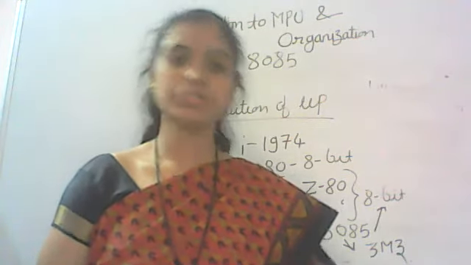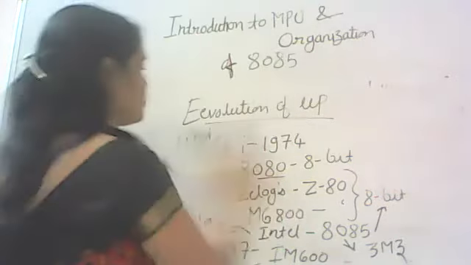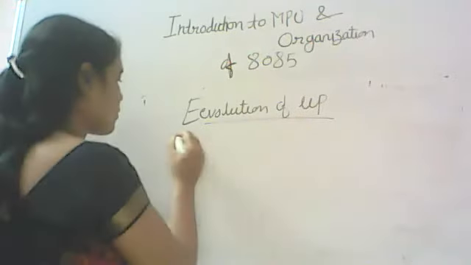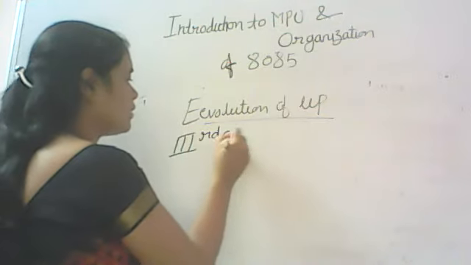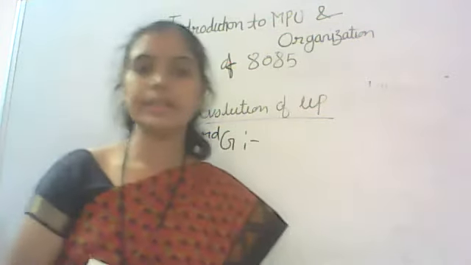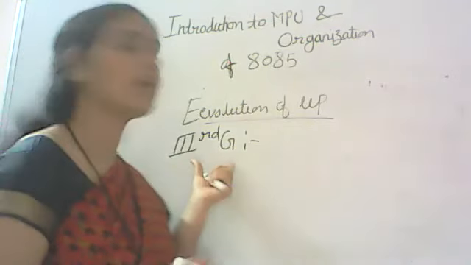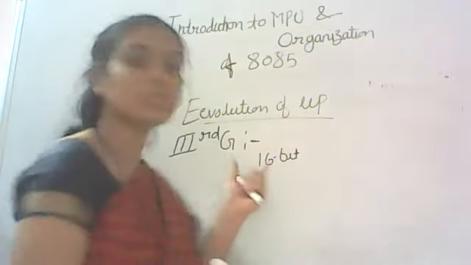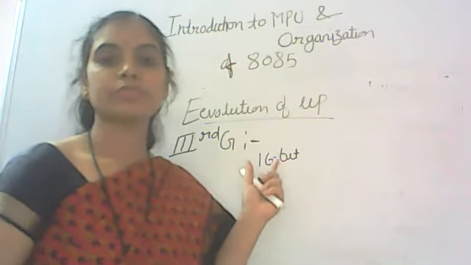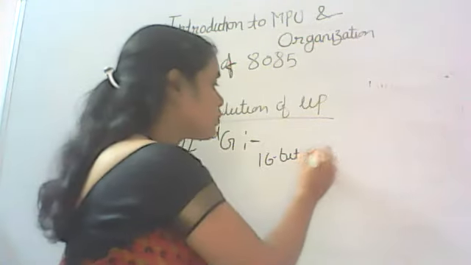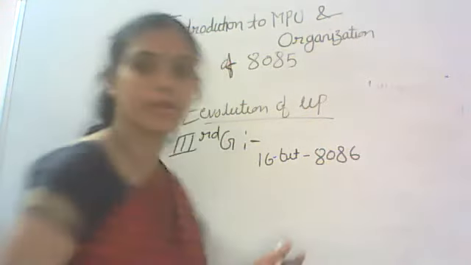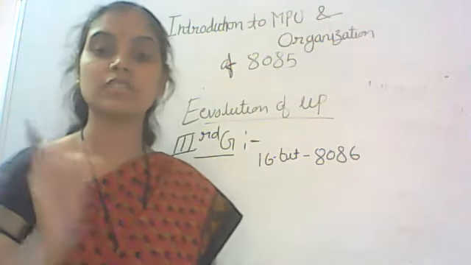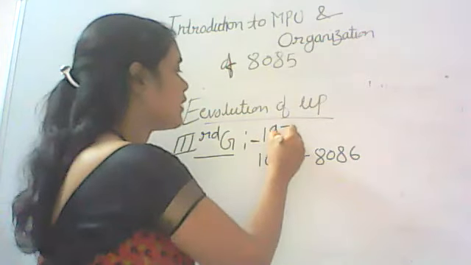Now move on to the third generation. Intel introduced the first 16-bit microprocessor in the third generation, the 8086 microprocessor. The third generation started from 1978.